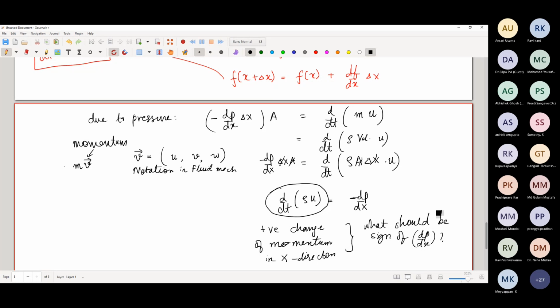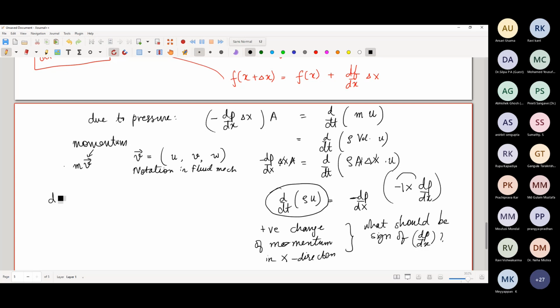So if flow is happening from left to right, the pressure should be higher on the left side. Yes, dp by dx, that is correct. But let's just look at this expression for now. So dp dx has to be negative. On the right hand side, you have minus 1 times dp dx. So if dp dx is negative, then the two negatives multiply and this entire term becomes positive.